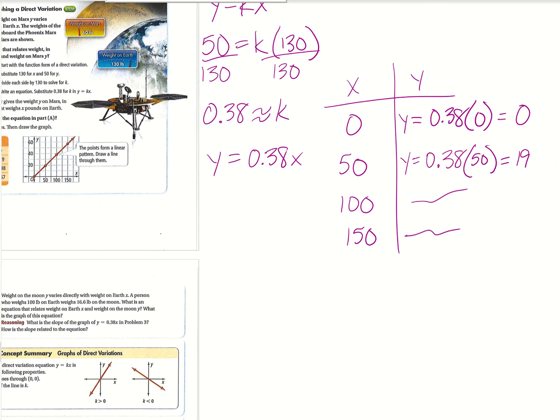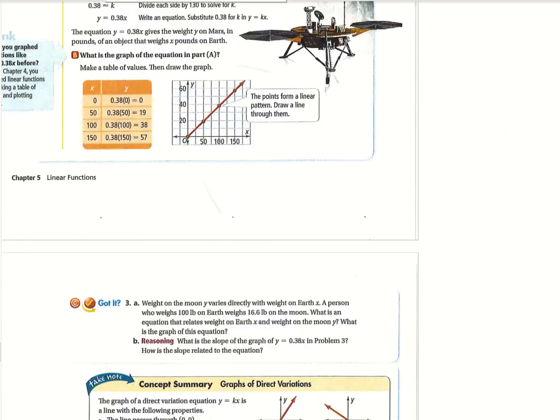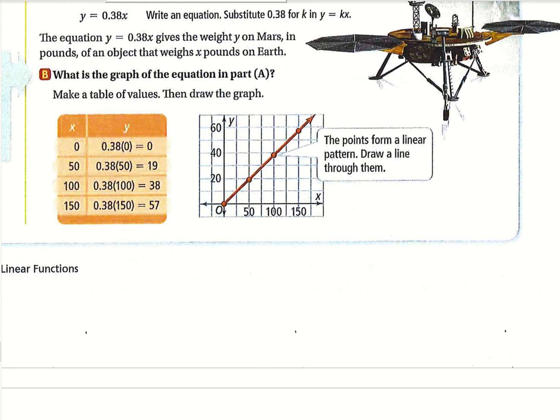All right. Okay, so then if you were to draw your graph using those values that we got, you could graph it like they do right here. And as it says, the points form a linear pattern, and then you would draw a line through them. Okay, so since it goes through the origin, this is the other way that you can tell that it has a direct variation.